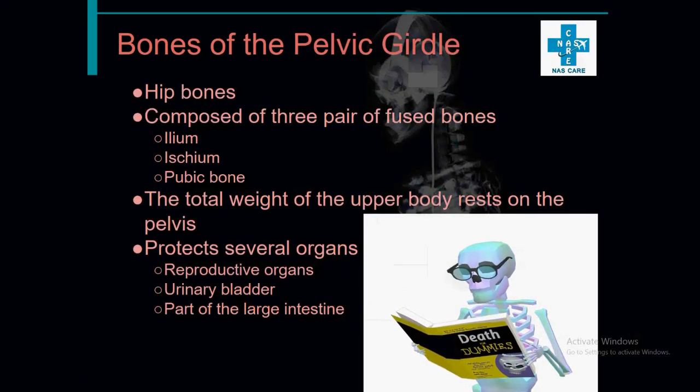Hip bones. They are composed of 3 pairs of fused bones, ilium, ischium, pubic bones, and the total weight of the upper body rests on our pelvis, which protects several organs: reproductive organs, part of the large intestine, and urinary bladder.